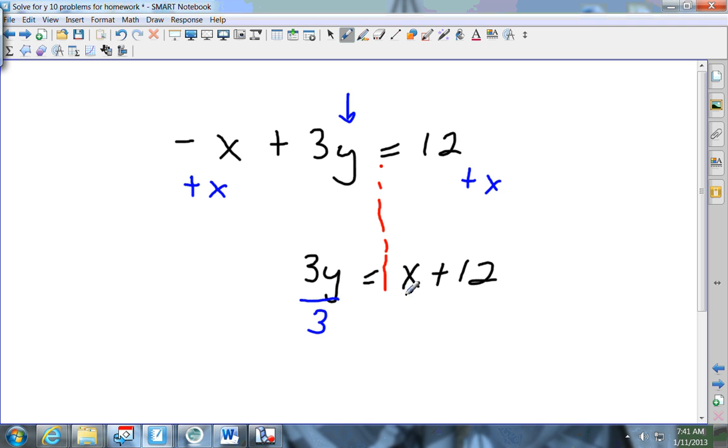Divide by 3. These cancel. Y equals, again, right here, x divided by 3. There's a 1 in front of it. So it's 1/3 x plus 4.